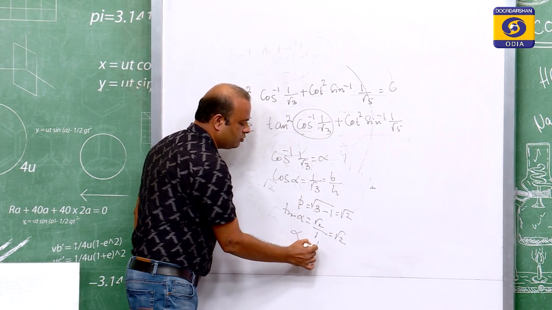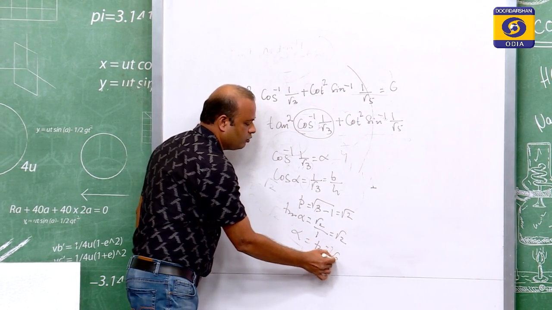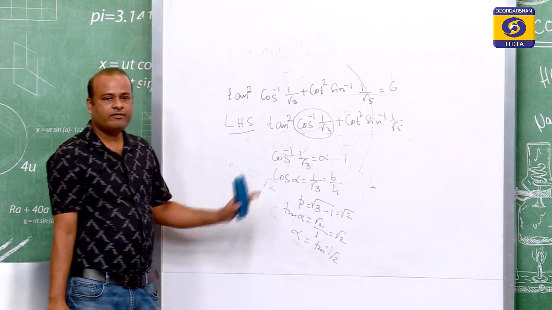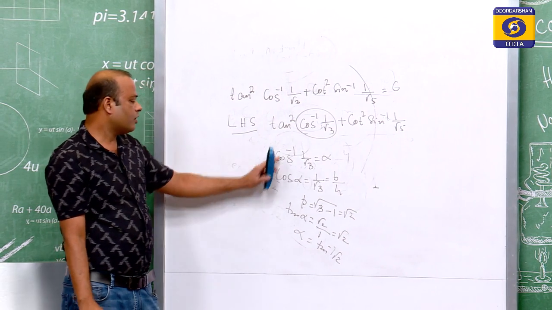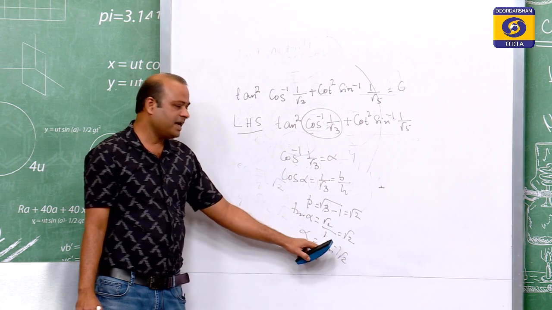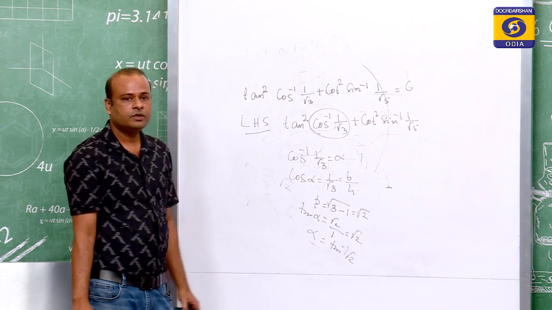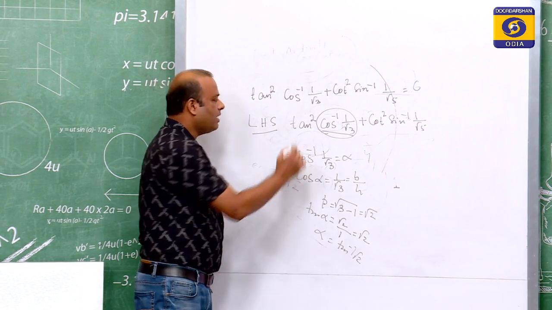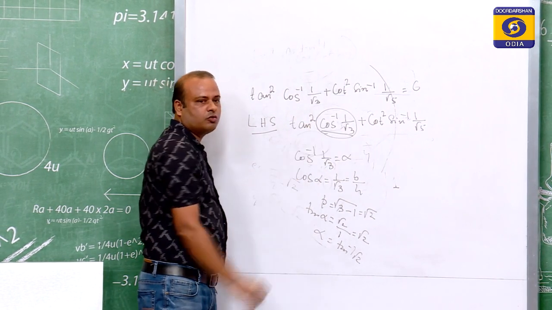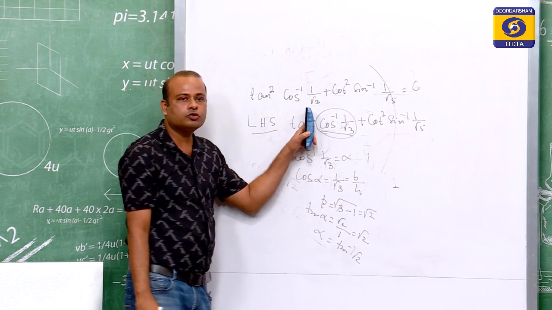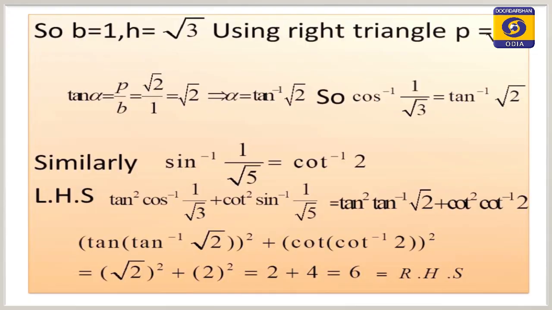Alpha is equal to tan inverse root 2. In one note I have told you the conversions. So, cos inverse 1 by root 3 is the same as tan inverse root 2. So, here put tan inverse root 2. Now, tan of tan inverse root 2 is root 2. So, here it is root 2 square, that is 2.